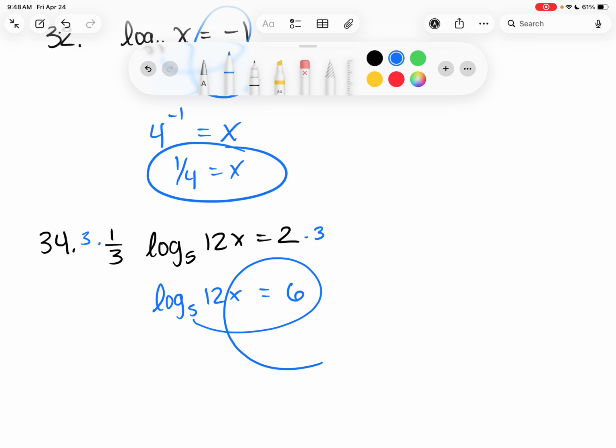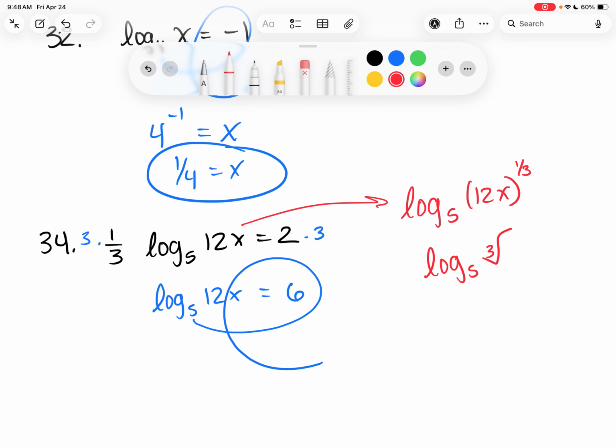Like if I had 1/3 x equals 2, I would just multiply, so then it would just be x equals 6. If I rewrote it the way that we were doing yesterday, this would have become log base 5 of 12x all to the 1/3, or log base 5 of the cube root of 12x, which is just going to make it a little bit more mathematically complicated. That's why I did it this way instead.